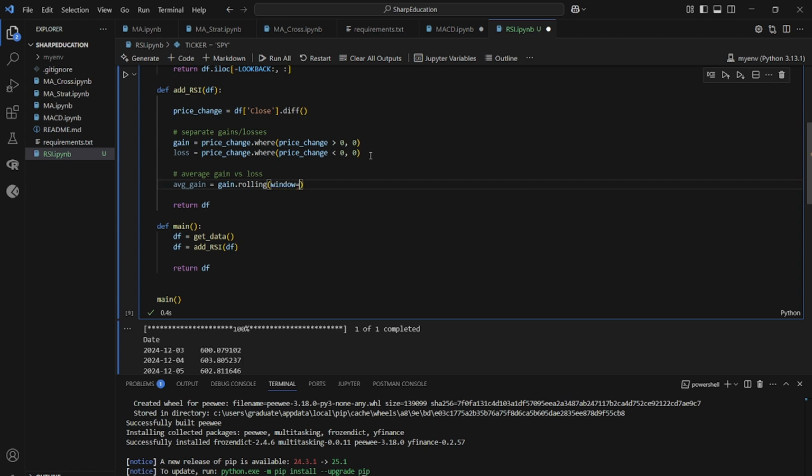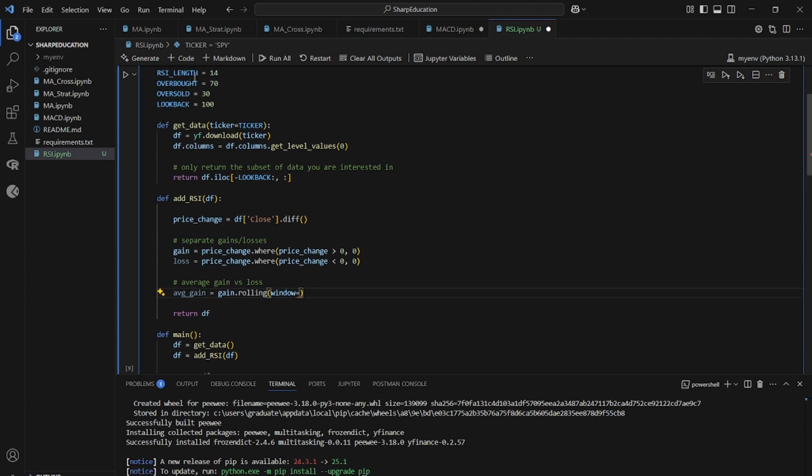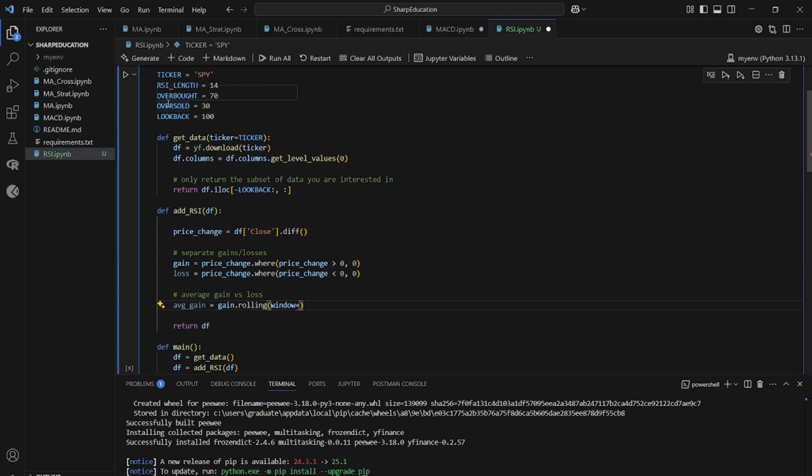So window equals, and we already have it globally defined as RSI length. So length equals RSI length. Great. Window is going to equal length. Awesome. And take the mean.